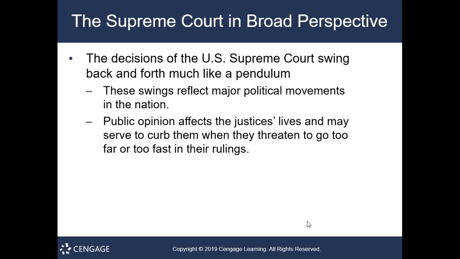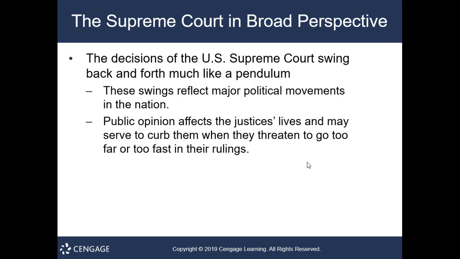All right, let's look at the Supreme Court in broad perspective. The decisions of the U.S. Supreme Court swing back and forth, much like a pendulum, but that was part of our system. We know that the Supreme Court is based on political appointments, and so we can stack courts with more conservative or more liberal judges, depending on who's in power as the president and the Senate, who will be responsible for actually getting those people into positions in the United States Supreme Court.